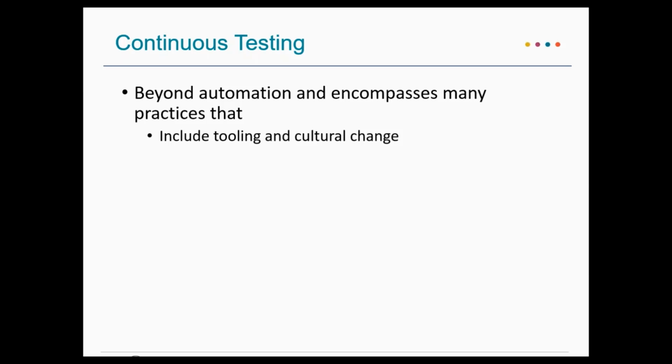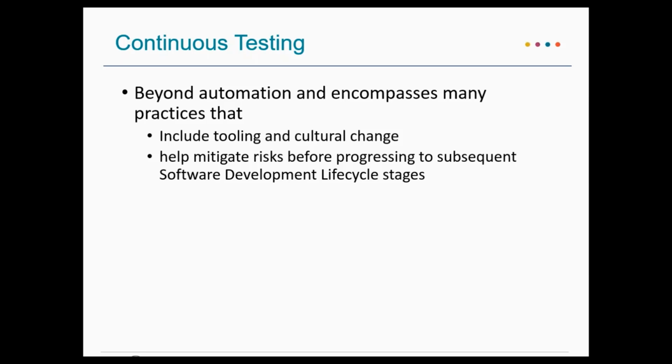And cultural change, where I was talking about breaking silos, not only between dev and ops, but even within the development team, between the different roles, and the operations teams as well. The whole idea is not just to automate the test cases, but to help mitigate the risks at different stages.